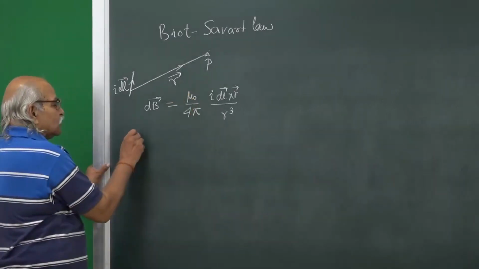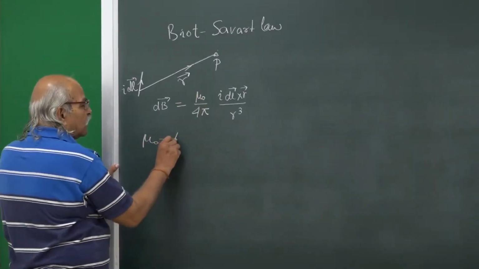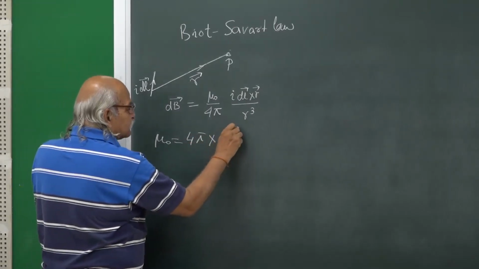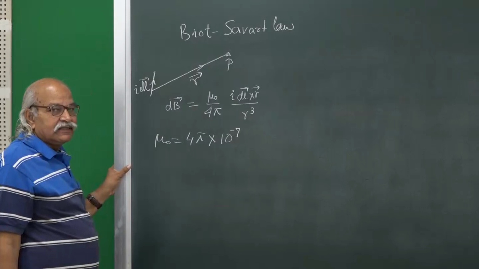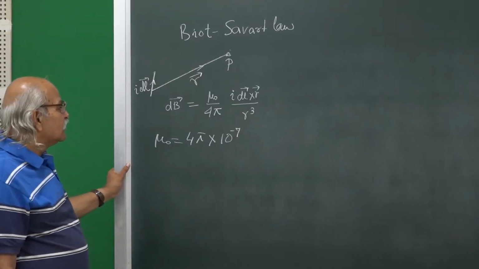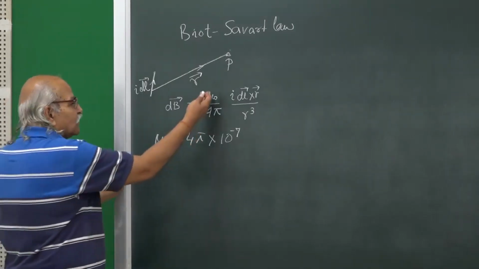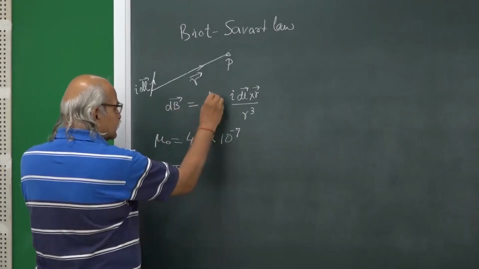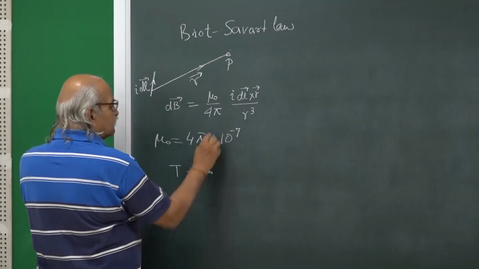This mu naught also you know, it is 4 pi times 10 to the power minus 7, and that is in SI units, and what the units are you can just work out from here. This side is Tesla and this is mu naught by 4 pi, we do not need.